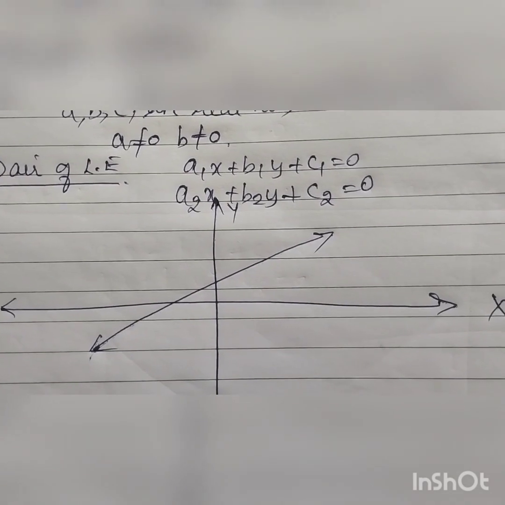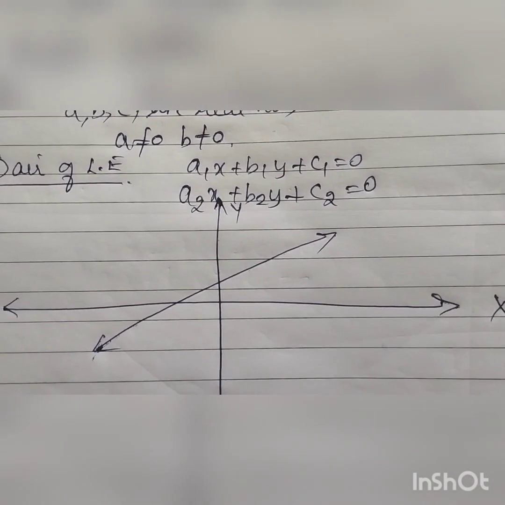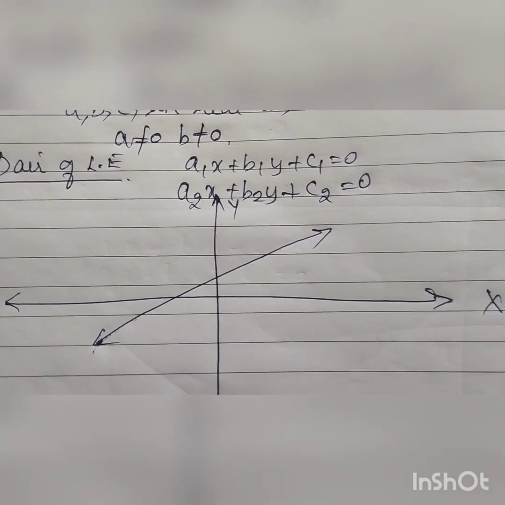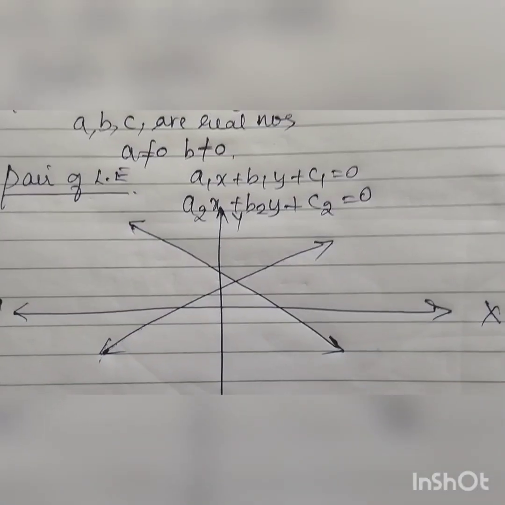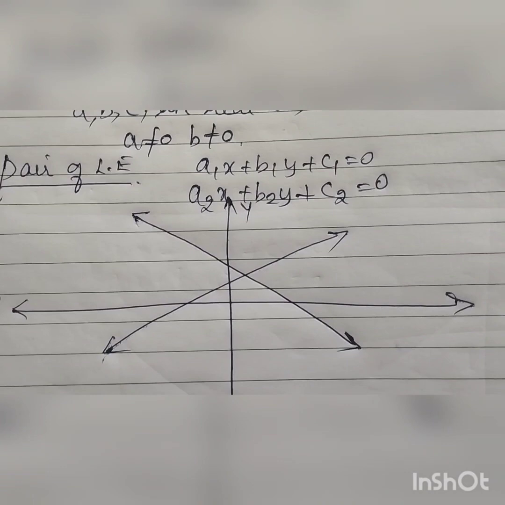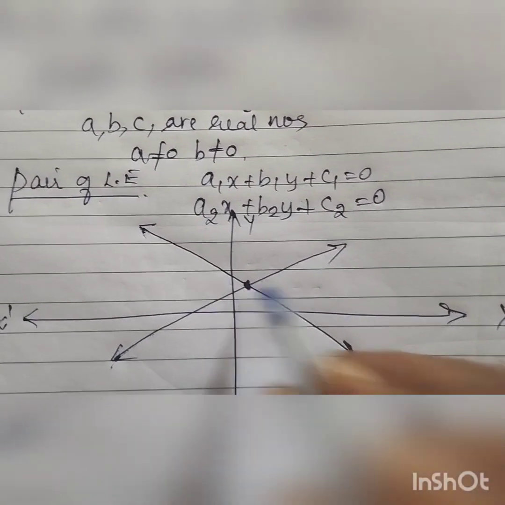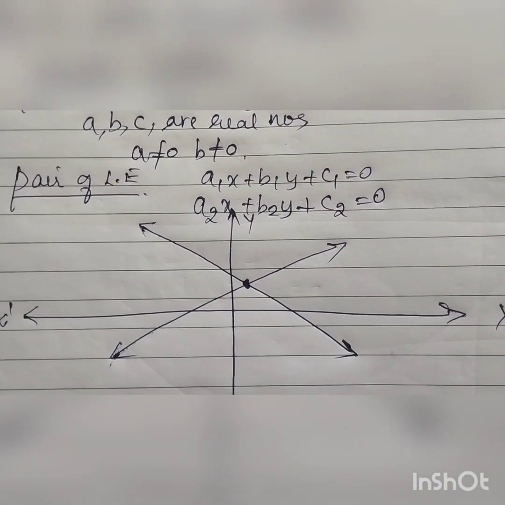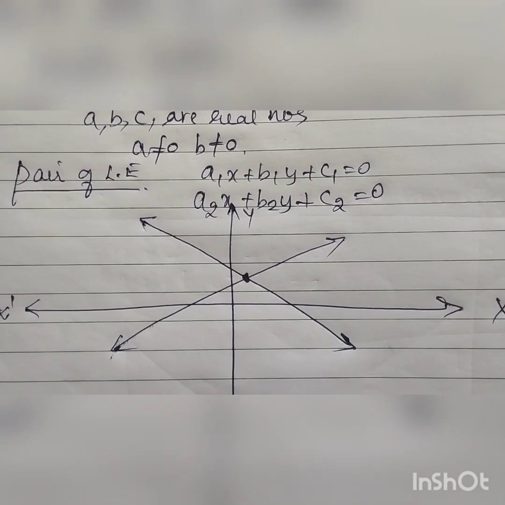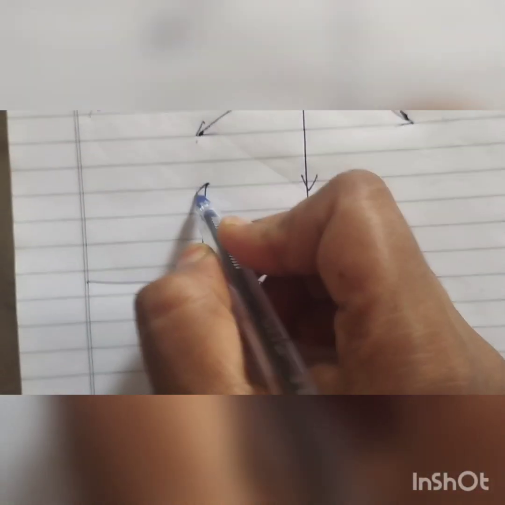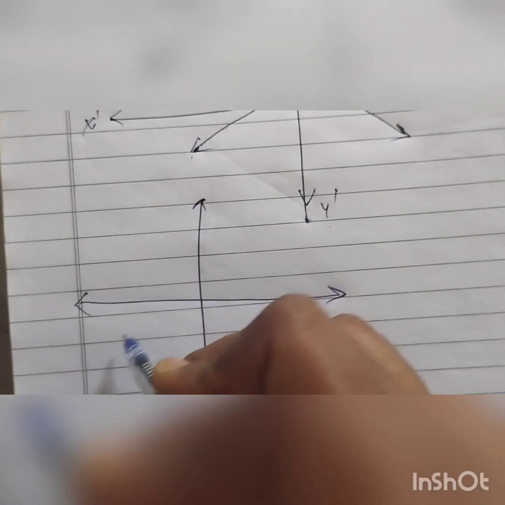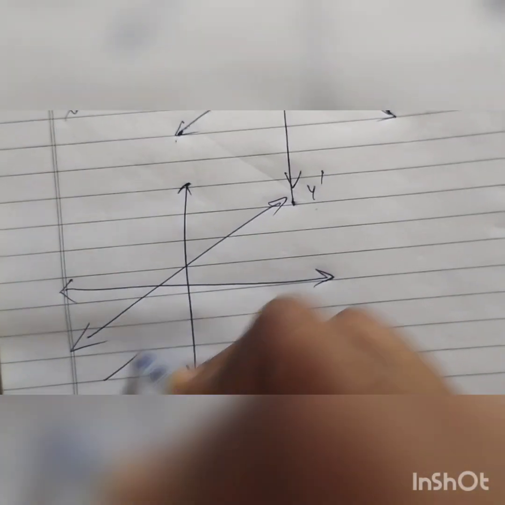Suppose you draw one more linear equation. Either this other straight line intersects the previous line at one point, or the other possibility is that they can be parallel lines.